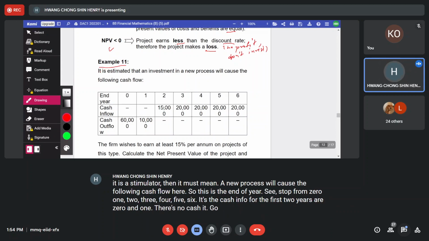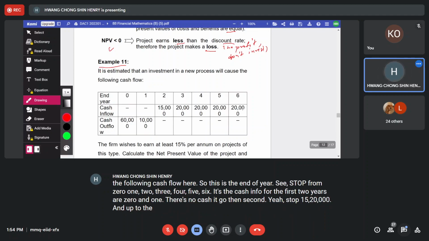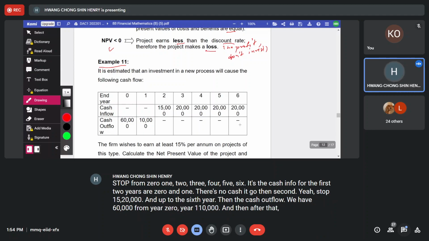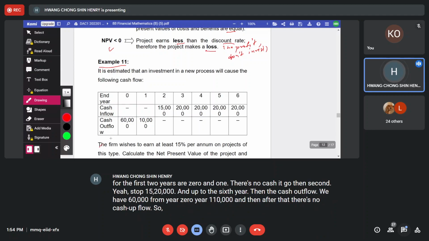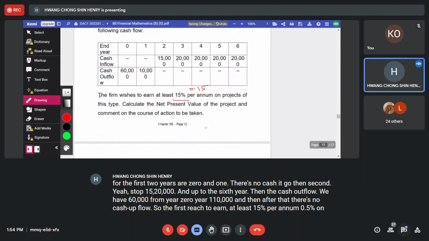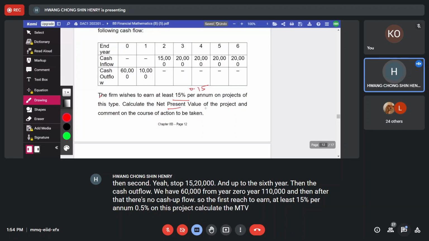Then second year start 15,000, 20,000, and up to the 6th year. Then the cash outflow, we have 60,000 from year 0, year 1, 10,000, and then after that, there's no cash outflow. So the firm wishes to earn at least 15% per annum on this project. Calculate the NPV, and then comment on the course of action.